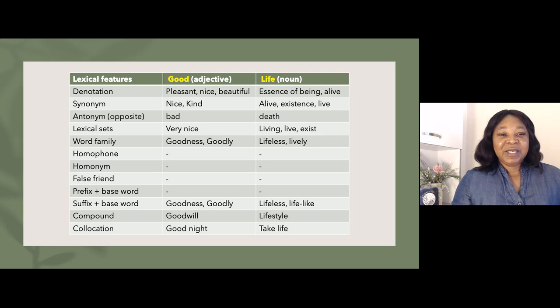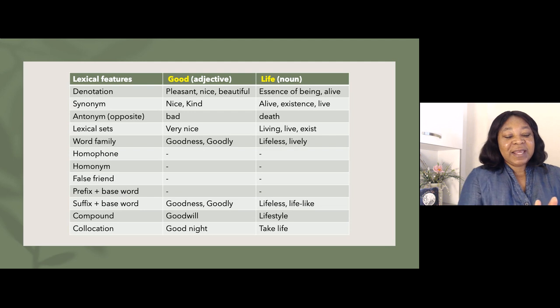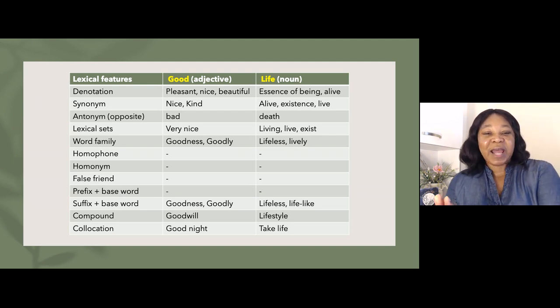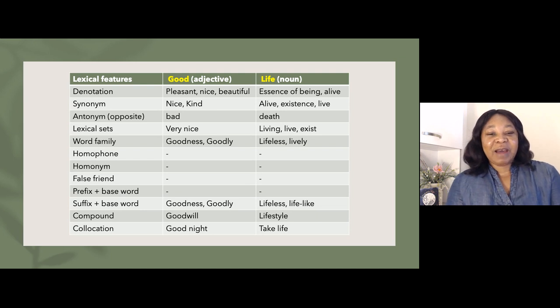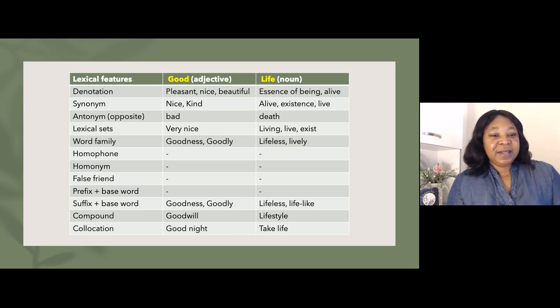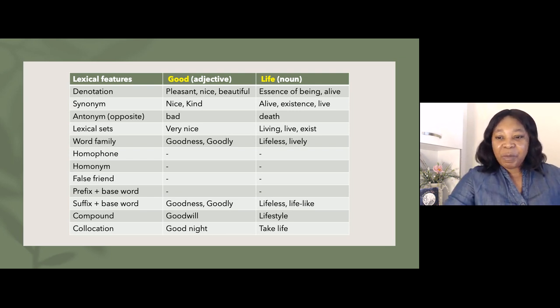It's direct. Denotation. So on the lexical level, we have denotation, we have synonyms, we have antonyms, which are opposite words. Lexical sets are words that have a similar categorization. Synonyms or antonyms could work together as a lexical set. So words that have a common feature are called lexical sets.